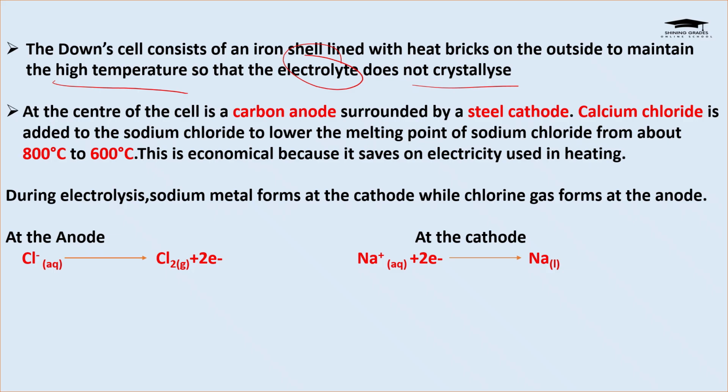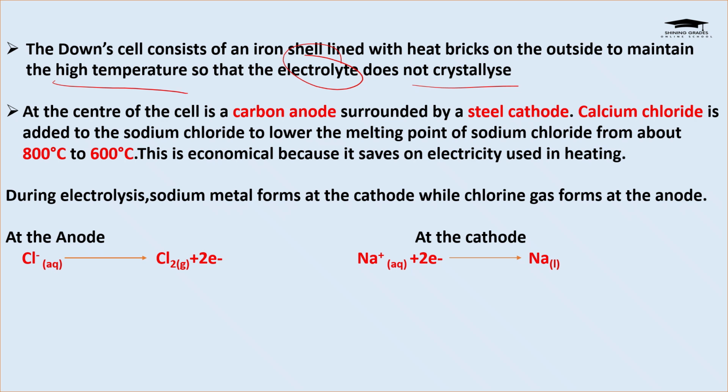Remember, sodium chloride should be electrolyzed when in molten state, so high temperatures should be maintained within the chambers of the Downs cell to ensure the electrolyte remains in molten state throughout the process of electrolysis.